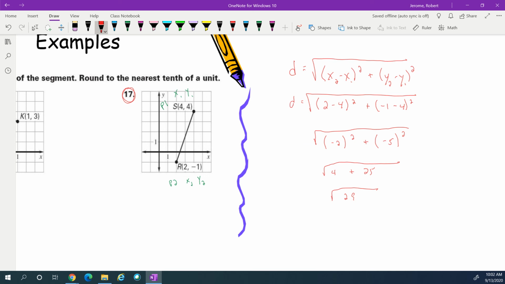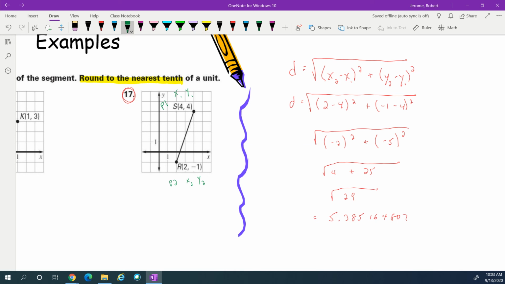And if we grab our calculator and type in the square root of 29, we're going to get 5.385164807. And, well, this is where we have to stop and follow directions. Our directions up here told us to round to the nearest tenth.